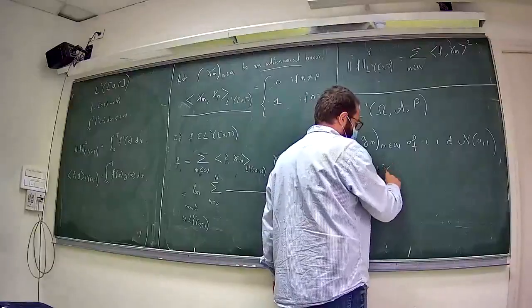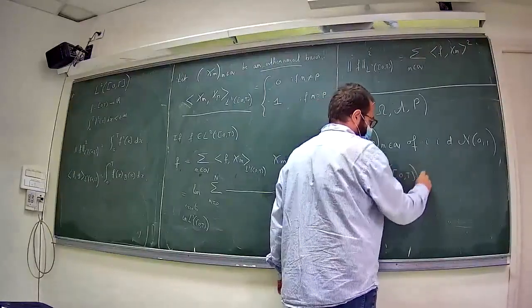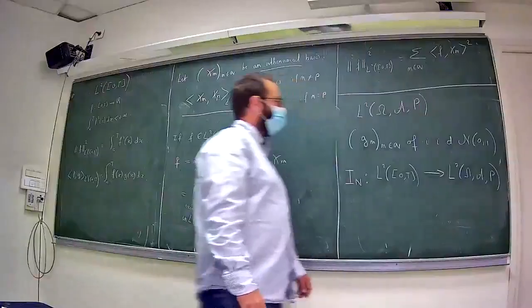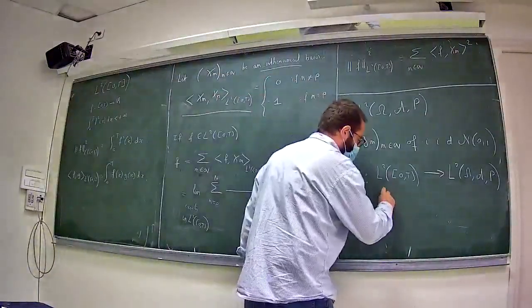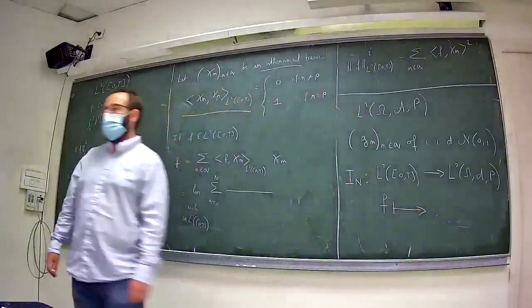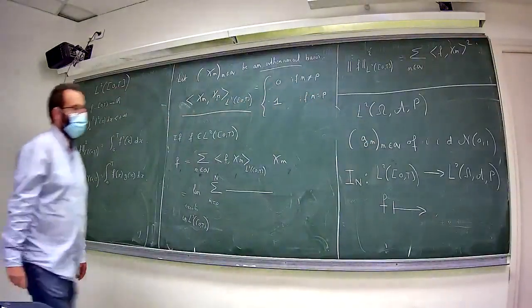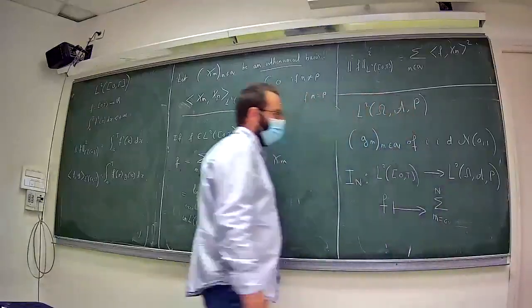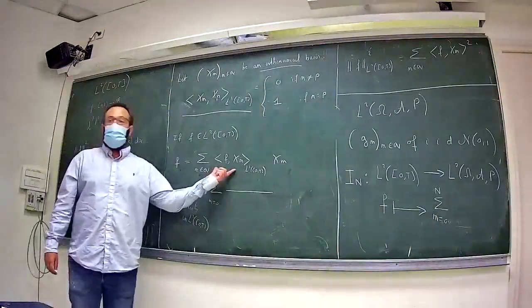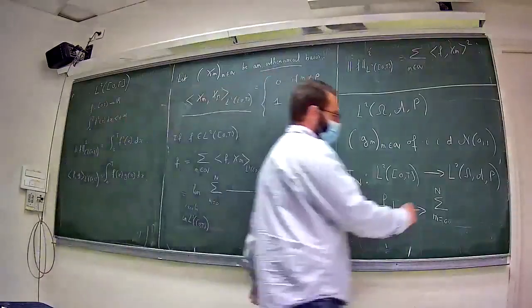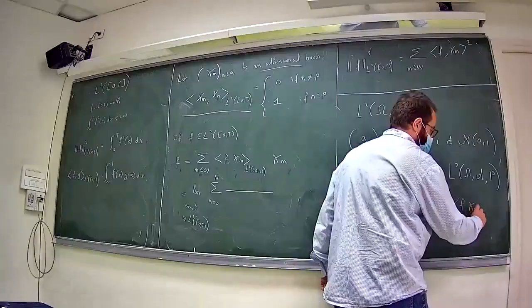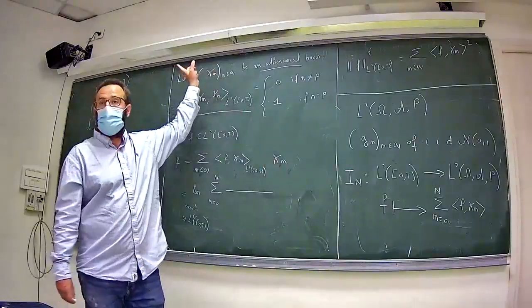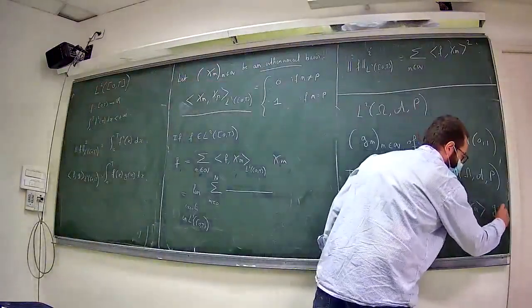So I_N is something from L2 of 0 to capital T into L2 of omega, A, P, and it associates to any element f of L2(0,T) the following sum: the sum from n equal to 0 to capital N of the coefficient in my decomposition, that is f_n, and instead of multiplying by the element of my basis of L2(0,T), I put a Gn here.